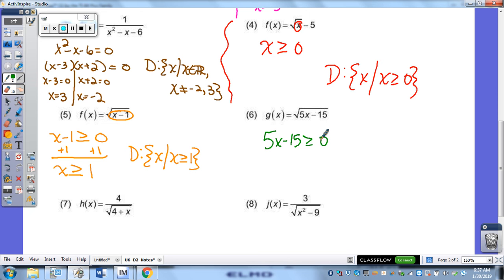Again, the stuff under the radical sign, greater than or equal to 0. And then we go ahead and we solve for x. So I'm going to add my 15 first. I get 5x is greater than or equal to 15. Divide by 5.